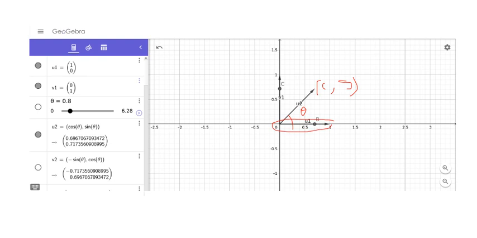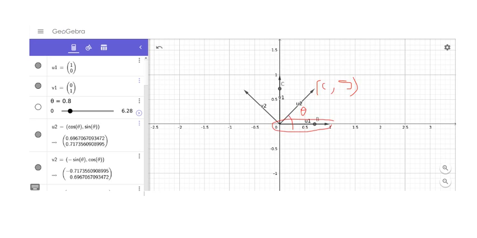Similarly, we also have to find it for u2. I will enable another one here, v2, which is the rotated version of u1's perpendicular. Now we have to find the coordinates corresponding to this one.